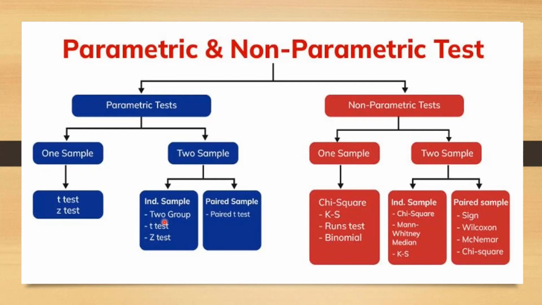The same group of people you are collecting data from in 2 phases. That is what you call a paired sample, or a dependent sample, or a matched sample. I hope you are writing all these things down. Hello, are we still together? Yes, sir. Okay, great.